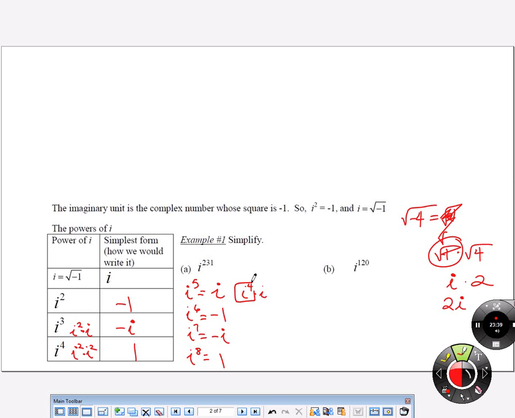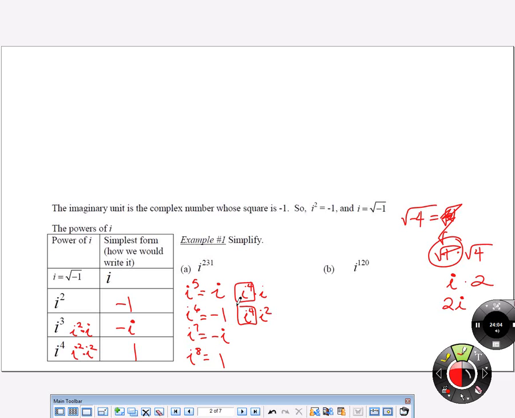And so this part would turn into 1, and then I would just have left i. Like for i to the 6th, I would think of it as i to the 4th times i squared. This part turns into 1. And 1 is a beautiful number to use in multiplication because it basically becomes kind of unimportant compared to the other factors. And i squared is -1. So that's what I'm left with.